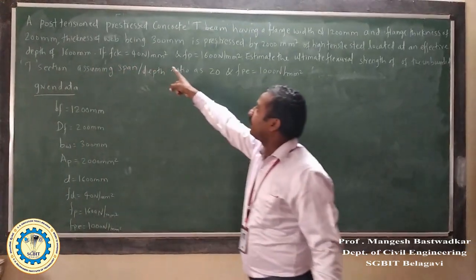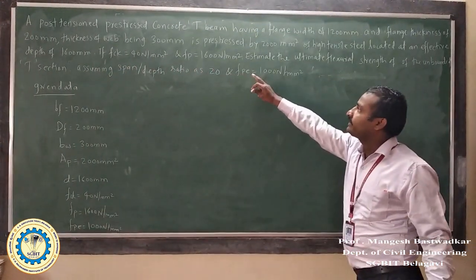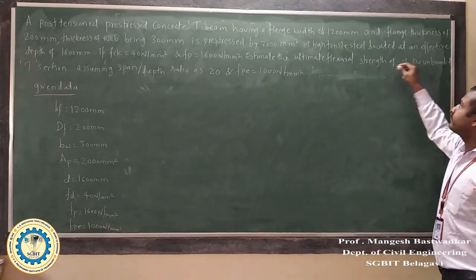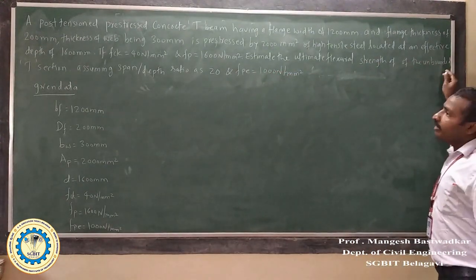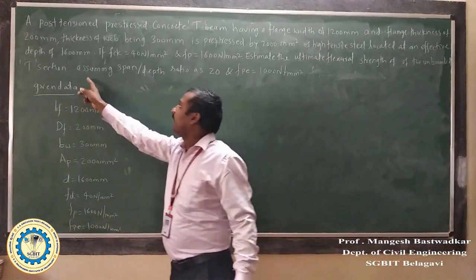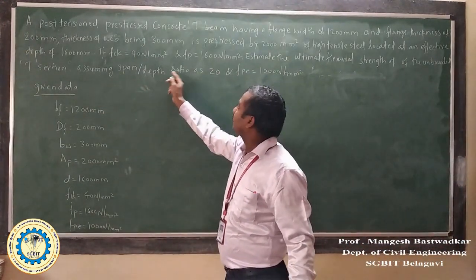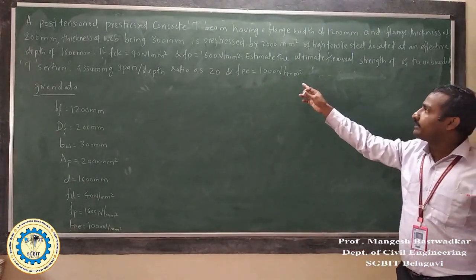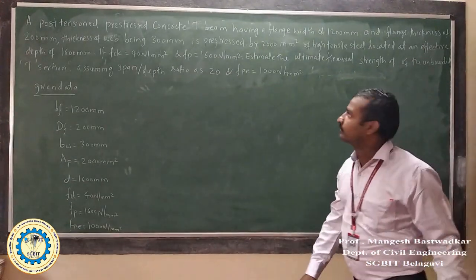If FCK is 40 Newton per mm square and FP is 1600 Newton per mm square, estimate the ultimate flexural strength of the unbounded T section, assuming span by depth ratio as 20 and FP effective stress, pre-stress is 1000 Newton per mm square.